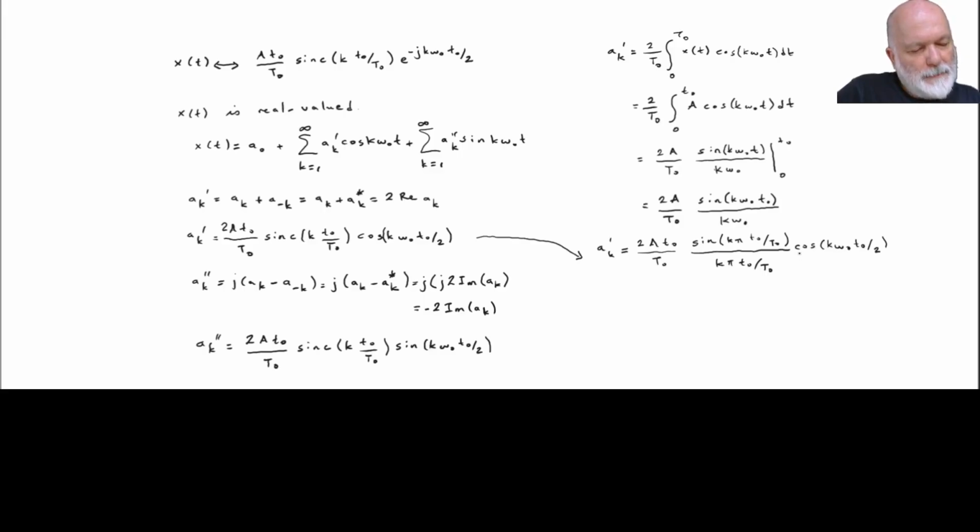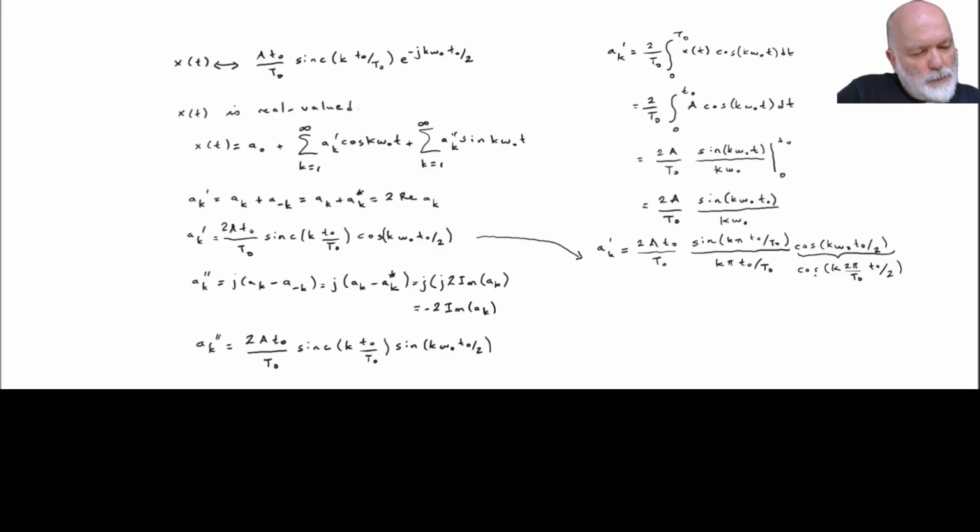Now we can write this expression as follows. Look at this cosine term. So it is cosine of k, now omega 0 is 2 pi over T0, times t0 over 2.